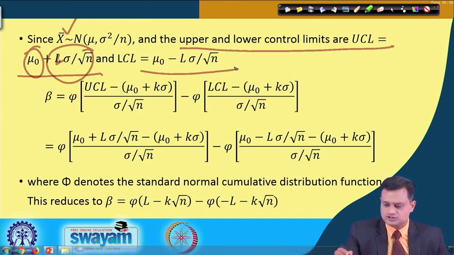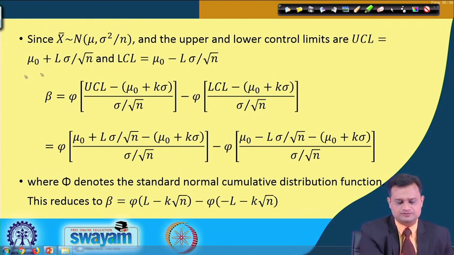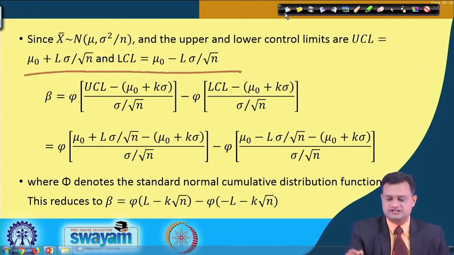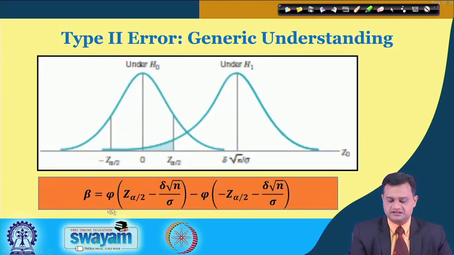So when you do this, you get the upper and lower control limits, and I am just trying to put these values into the previous equations. I can just go back to help you. I am putting these values in the previous equation, beta, the cumulative value of this.